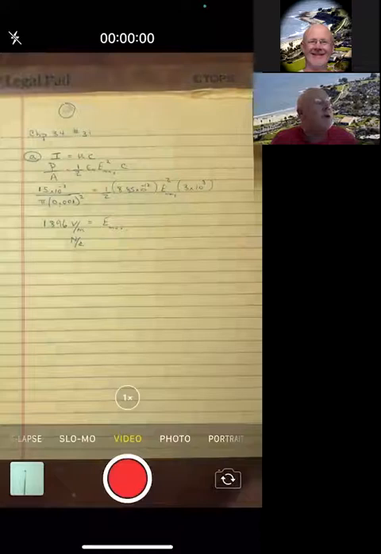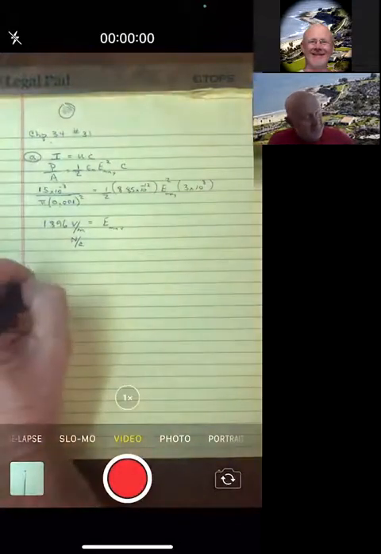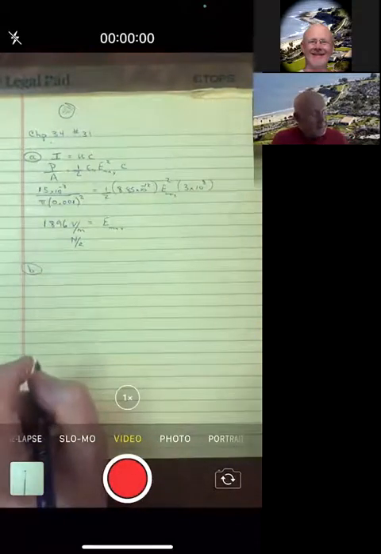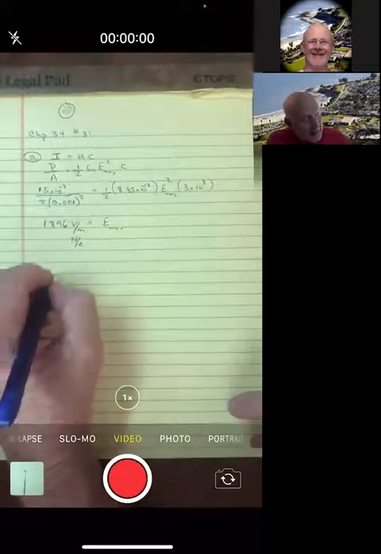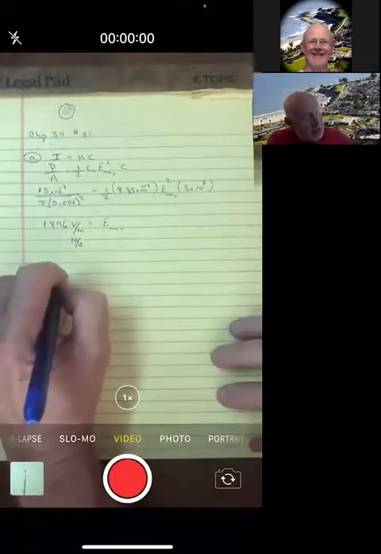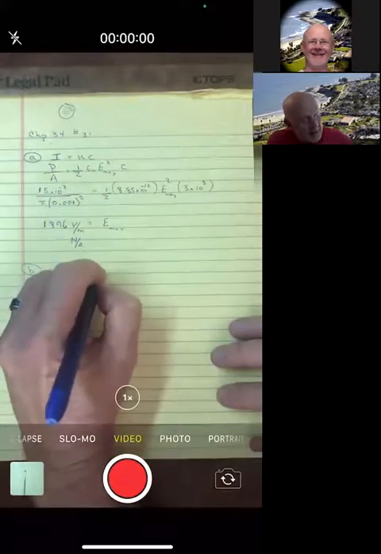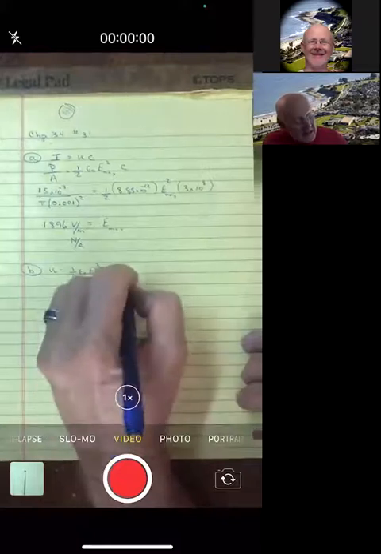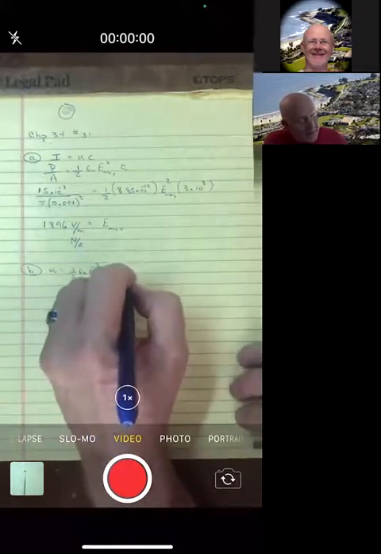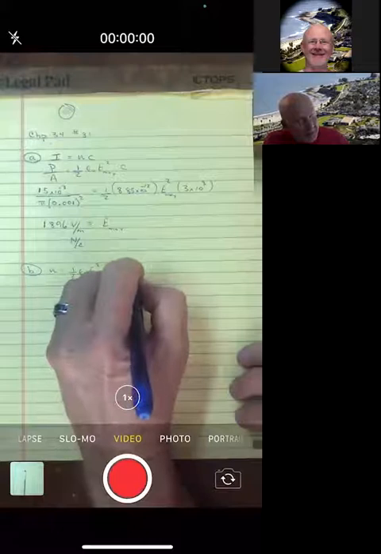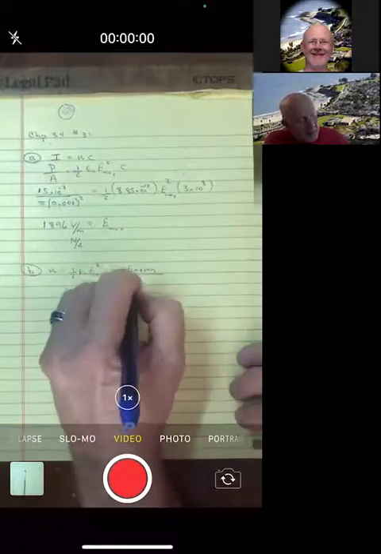B, what is the total energy contained in a 1 meter length of the beam? Well, remember what energy density is, mu, which is this 1/2 epsilon naught E maximum squared. This is the total energy per volume.